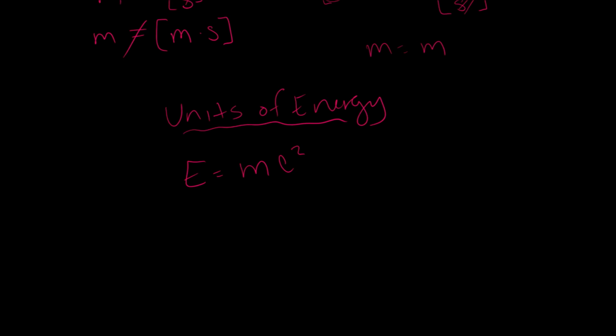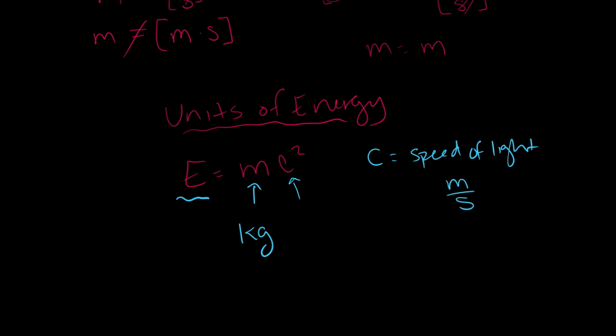So we're trying to find the units of energy here, and we know E equals mc squared. m is mass, so that's kilograms. c is the speed of light, and c is squared, so the speed would be in meters per second, and then we're going to square that.